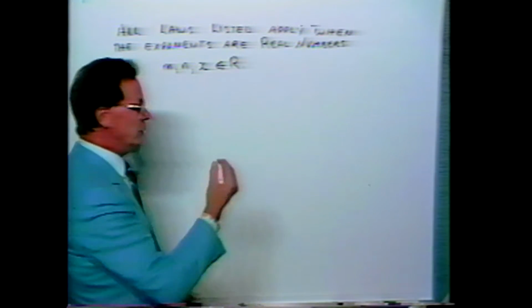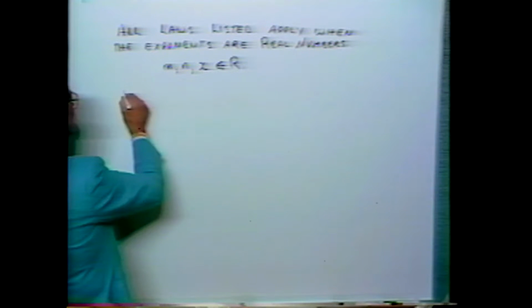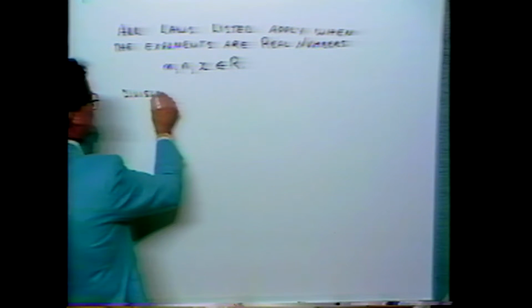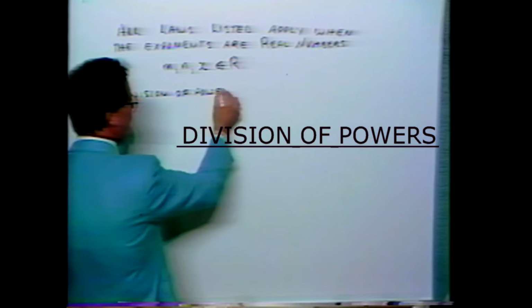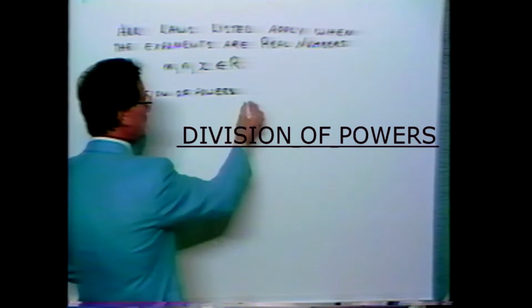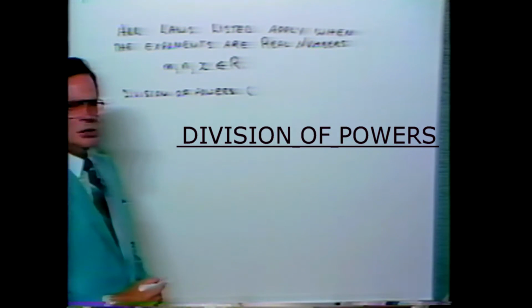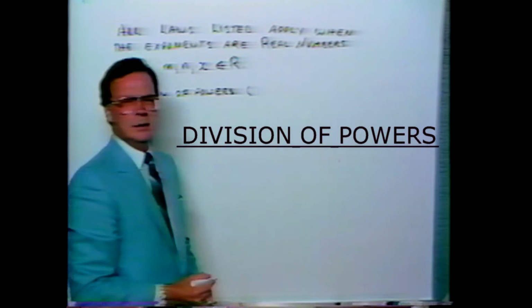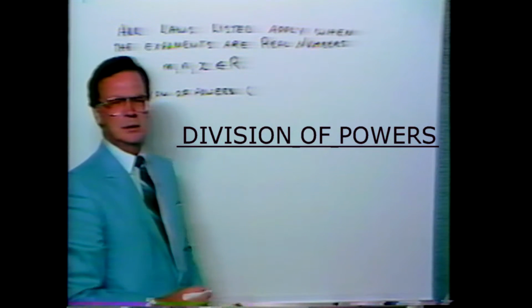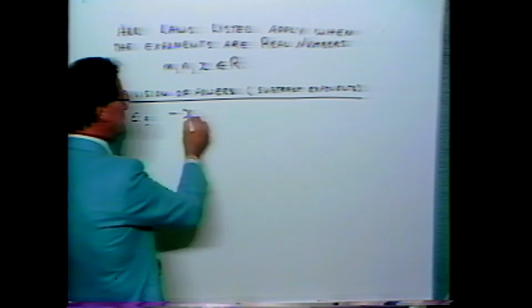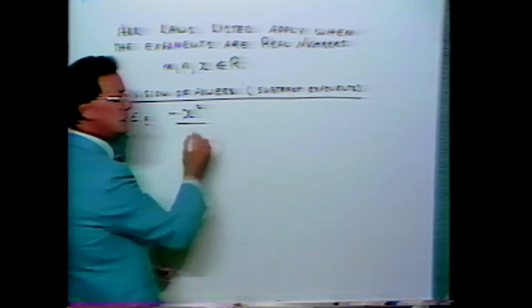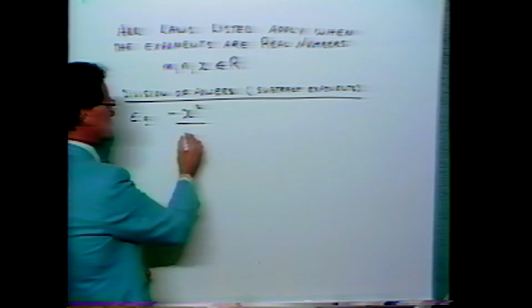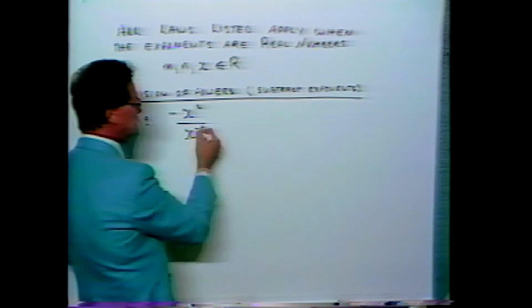Continuing with more examples, let's look at the division of powers. In this application, when the bases are the same, the exponents are subtracted. For example, negative x to the 12th divided by x to the negative 5.